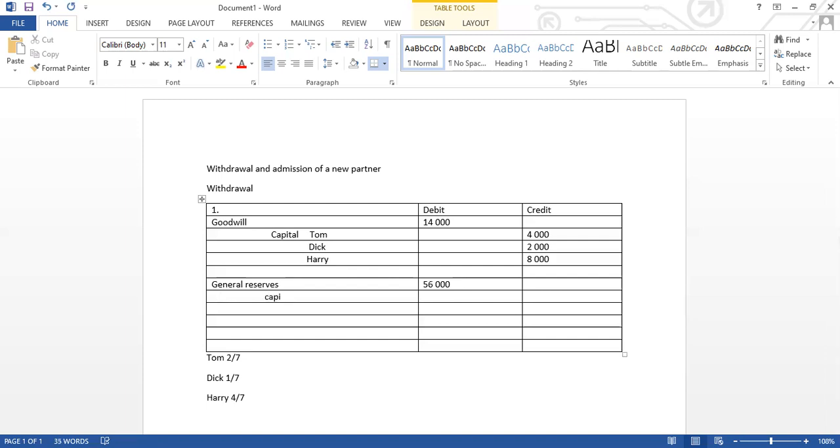So we have capital Tom. How much will Tom get? $16,000. So Tom, again, remember we are using the ratio. So 56,000 times 2/7.